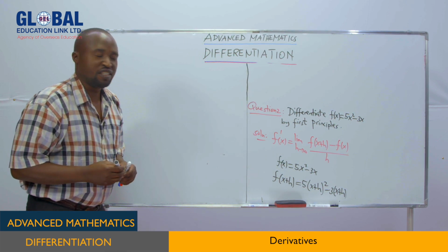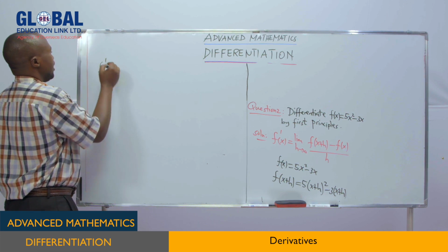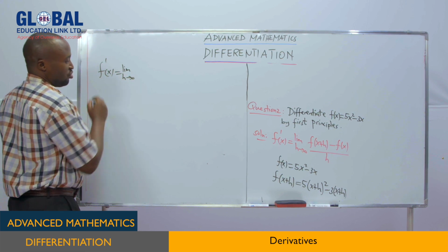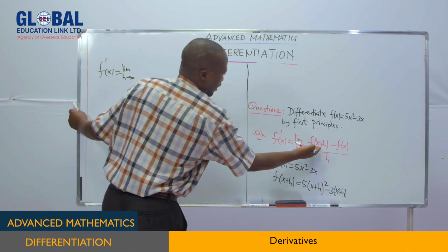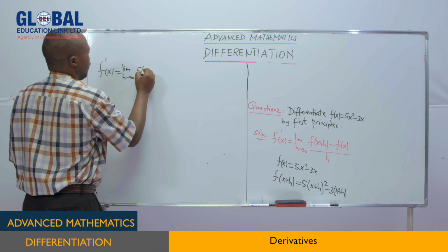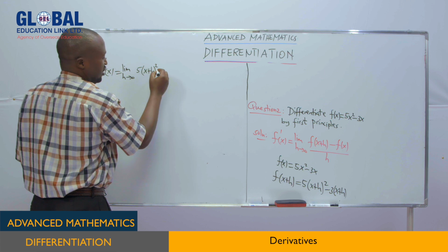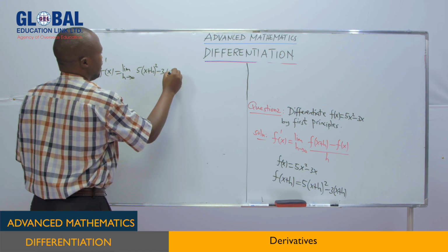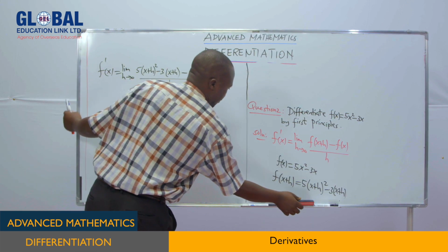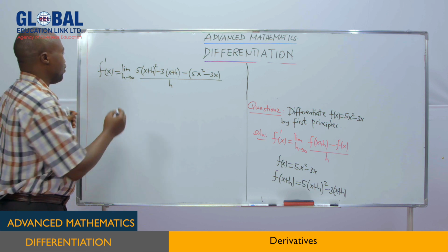So in this case, my dear student, f of x dash will be equal to the limit of, as h approaches 0, f of x plus h, which is the same as 5 bracket of x plus h bracket squared, then minus 3 bracket of x plus h. Here we just expand as follows.